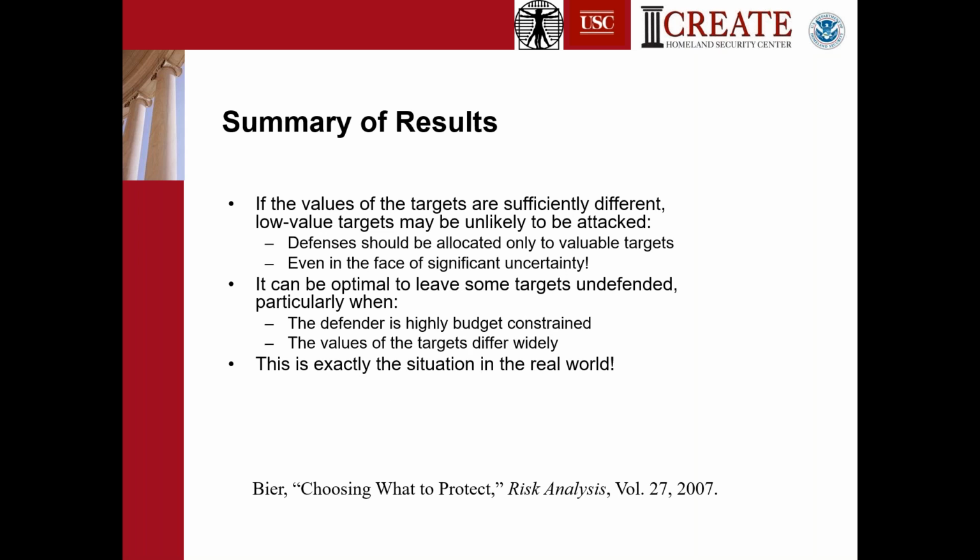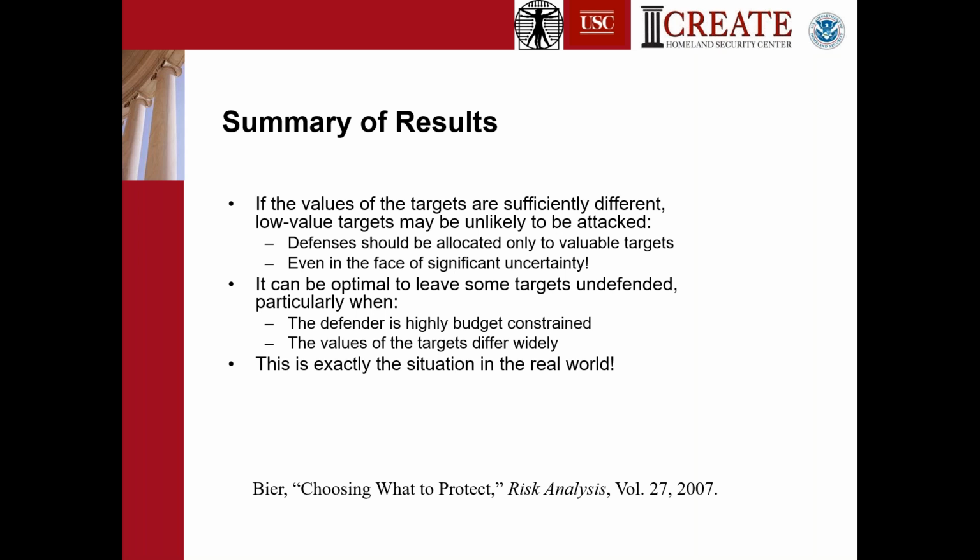So if you look at some of the work that I did, the citation from Risk Analysis is at the bottom of the screen, about a decade ago. If the values of the various targets in a system are sufficiently different, then the lower value targets may be quite unlikely to be attacked, and defenses should be allocated only or mainly to the more valuable targets.